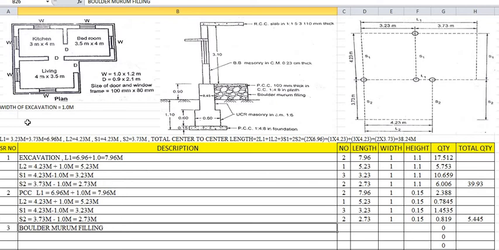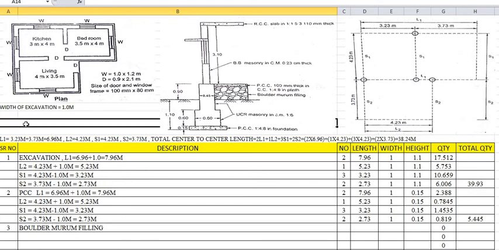So here I am writing down the offset, first we will calculate the offset for murum filling.